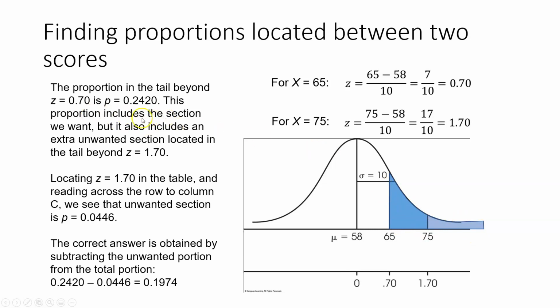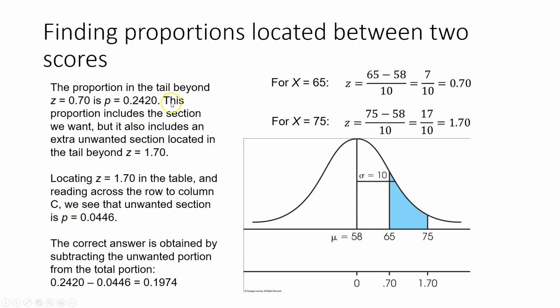This proportion includes the section we want, but it also includes that unwanted part beyond the z-score of 1.7. So we have to also find the proportion in the tail beyond 1.7 using the unit normal table, and you'll see that in column C in the table, the probability is 0.0446.